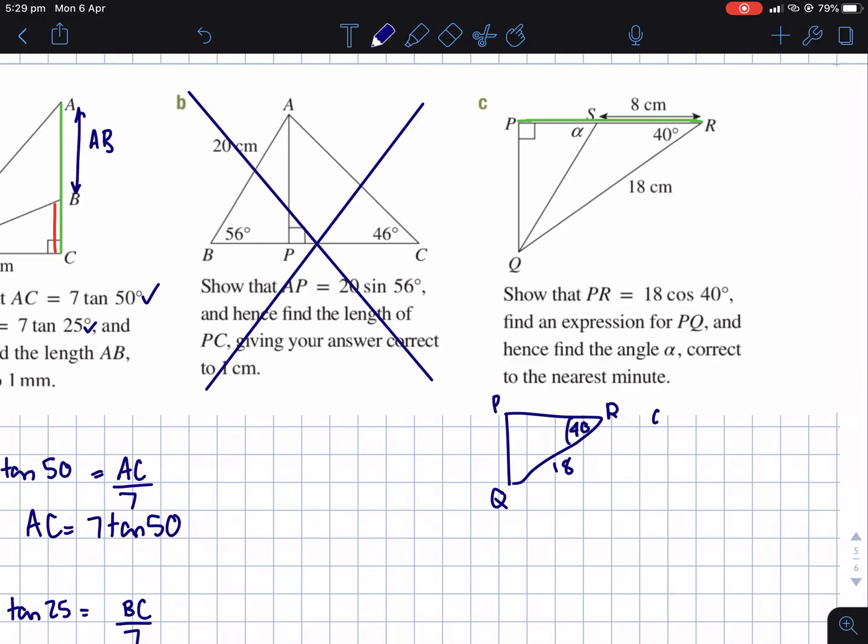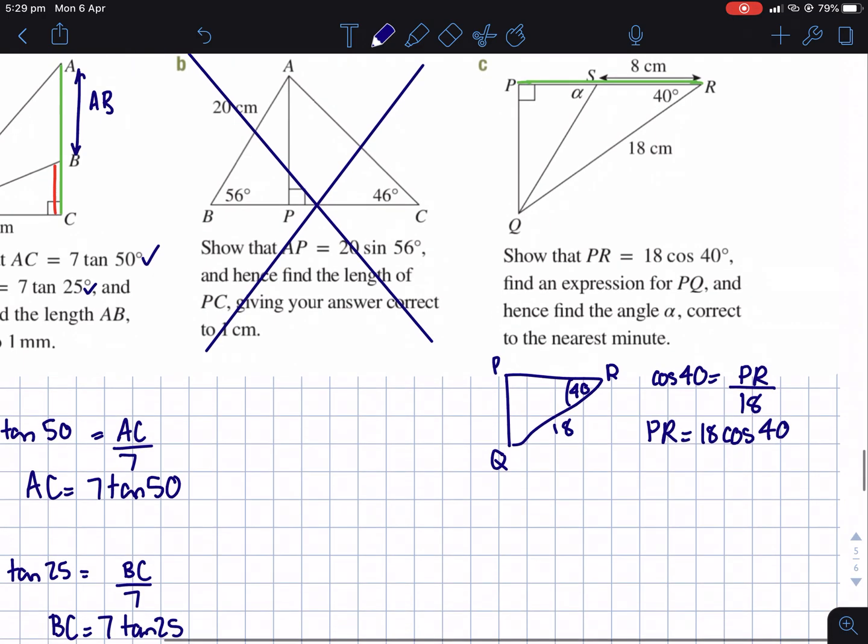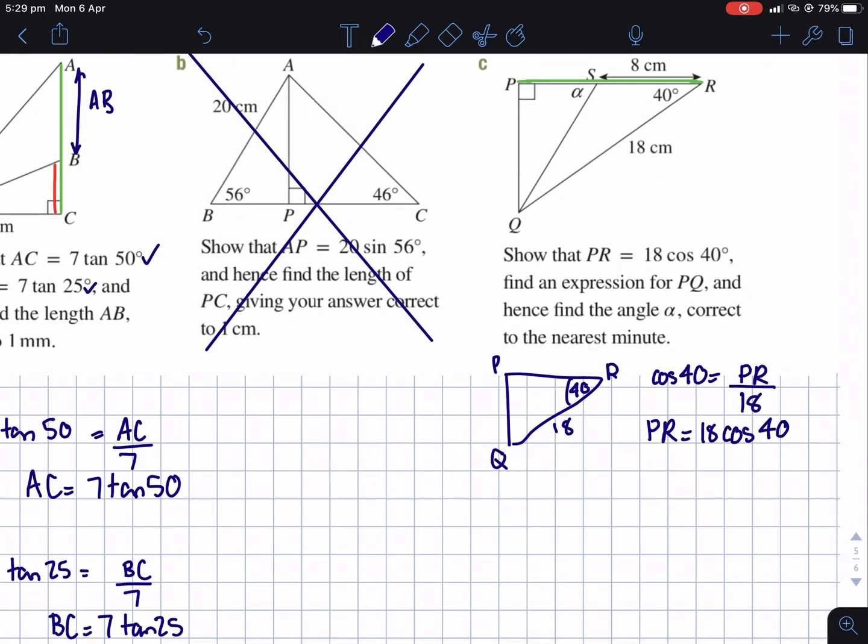So cos 40 equals PR, adjacent over hypotenuse. So PR equals 18 cos 40. Find an expression for PQ. I could use sine this time. So sine 40 equals PQ over 18, because it's this one.